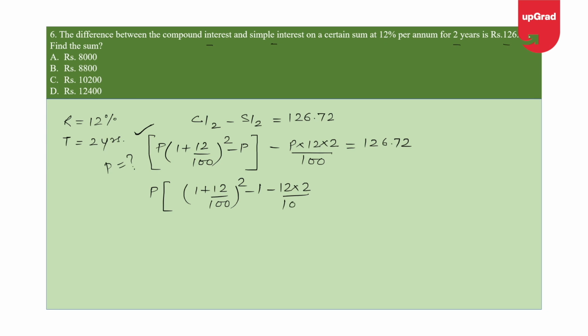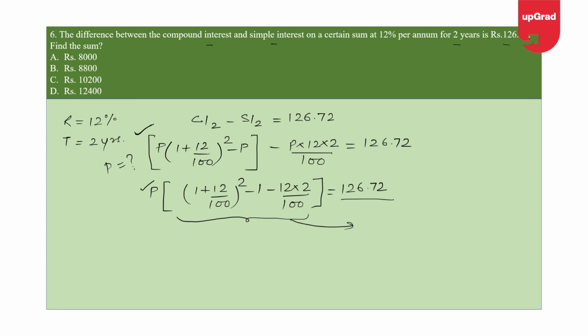This is not a question that can be done in a minute or less in competitive exams. I have to solve this entire expression and put it in the denominator, and then I will get the value of P. But as I said, I'm not going to do that. So what should I do then?